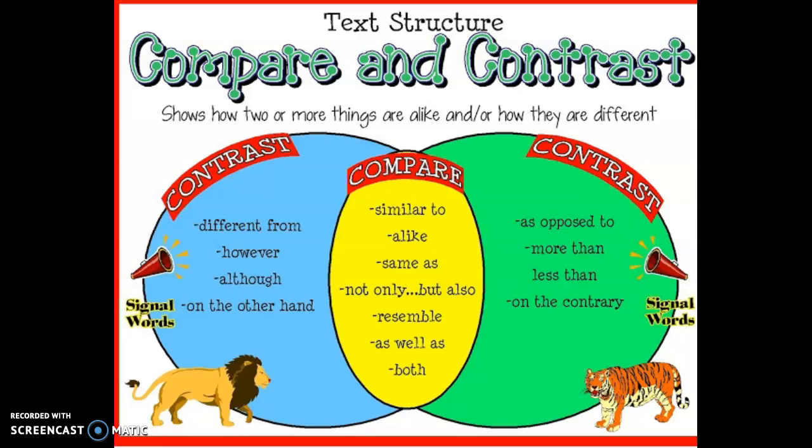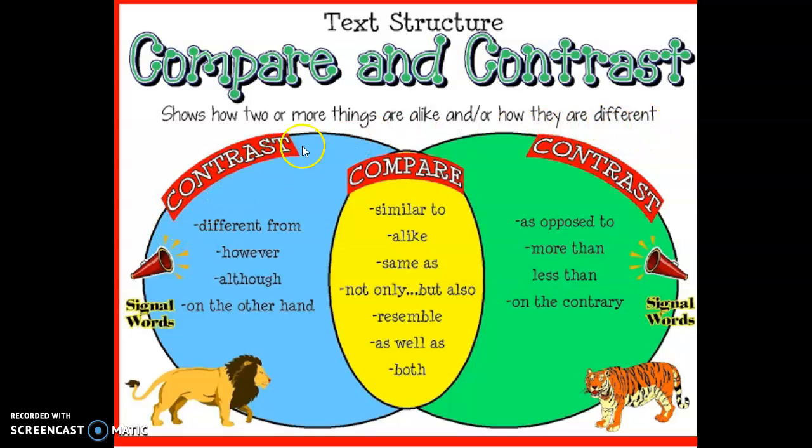Now, we're not going to totally abandon what we've been doing with arguments. We are just going to still do the same thing, identify those components, but we're going to do two arguments at the same time and identify the components, and then we're going to look at how the two arguments are alike and how they may be different.